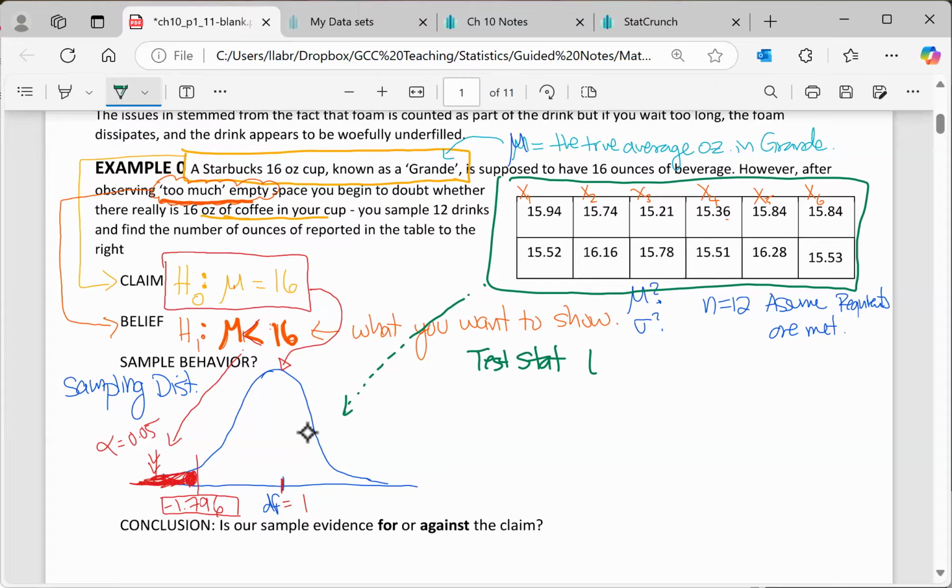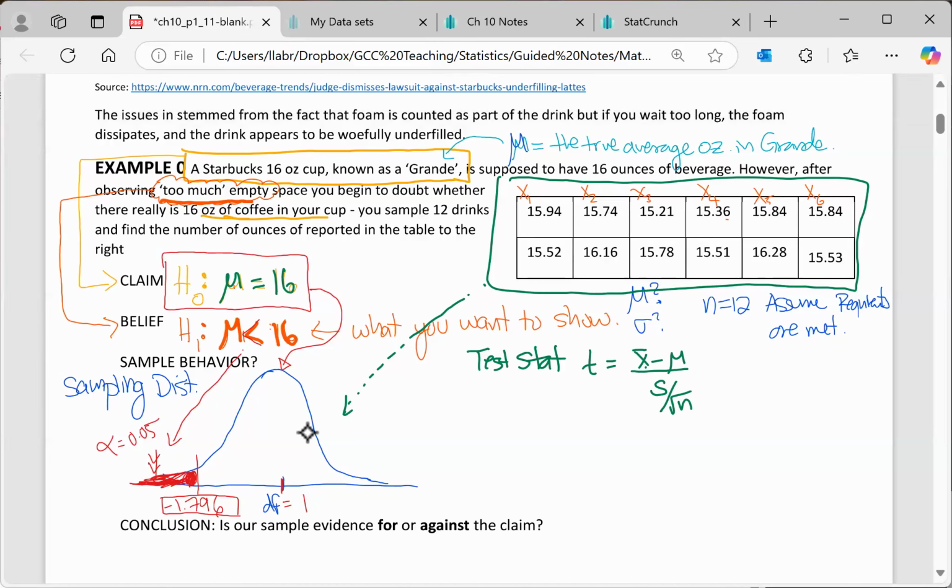So the formula for it is T is equal to X bar minus mu, divided by S over square root of N. Remember, X bar is my sample mean. Mu is this guy right here. We're saying it's 16. S is the sample standard deviation. So I'm not sure if you recognize this. It's basically the quote-unquote number of standard deviations when we replace sigma by S. And so we saw this in the previous chapter.